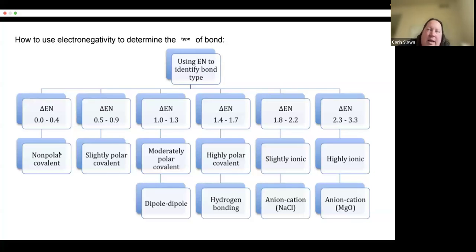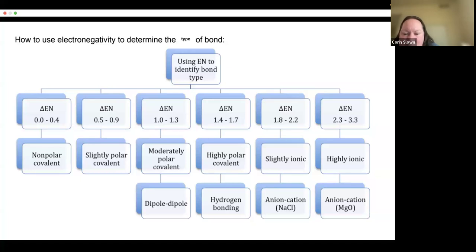And you'll notice, when you're first introduced in general chemistry to intermolecular forces and bond strength, it's usually either polar or nonpolar. And that's an oversimplification. The reality is that there is a range based on electronegativity, from nonpolar covalent, which is the least difference in electronegativity, all the way up to something that is highly ionic.